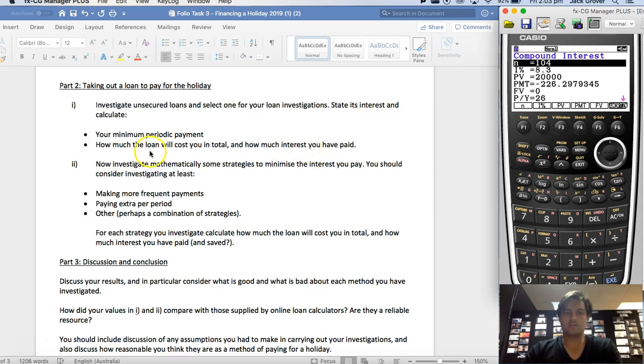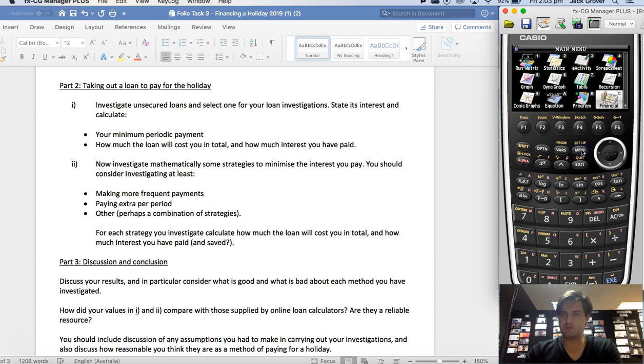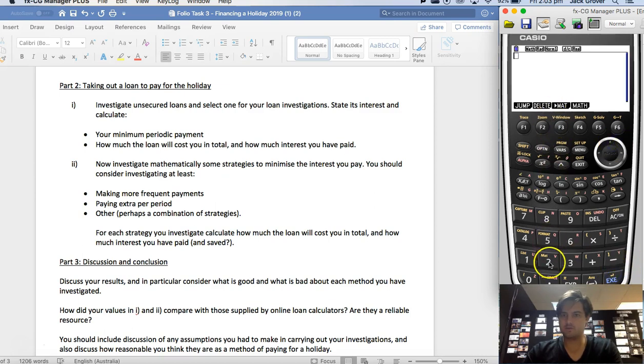So to figure out how much the loan will cost you in total, what we do is take our $226.30 that we're paying per fortnight and multiply that by how many fortnights are actually in our loan period, which we know is 104. Okay, so if we go to the calculator, 226.3 times by our compounding periods, which was 104.